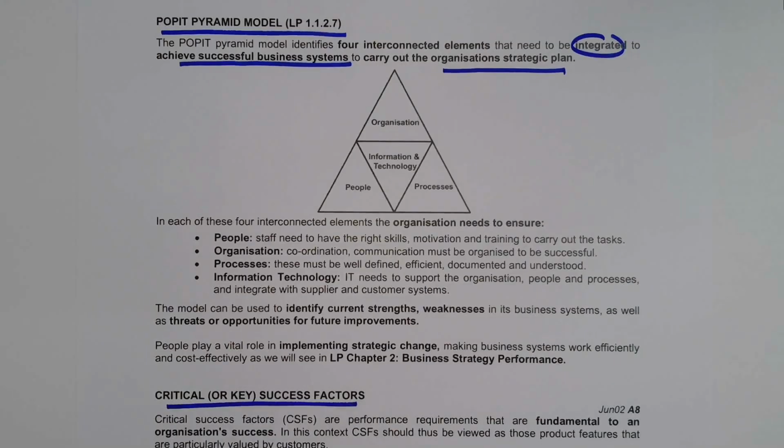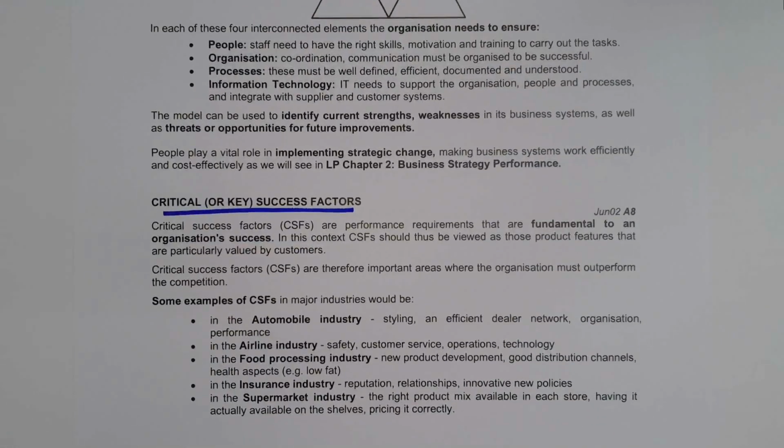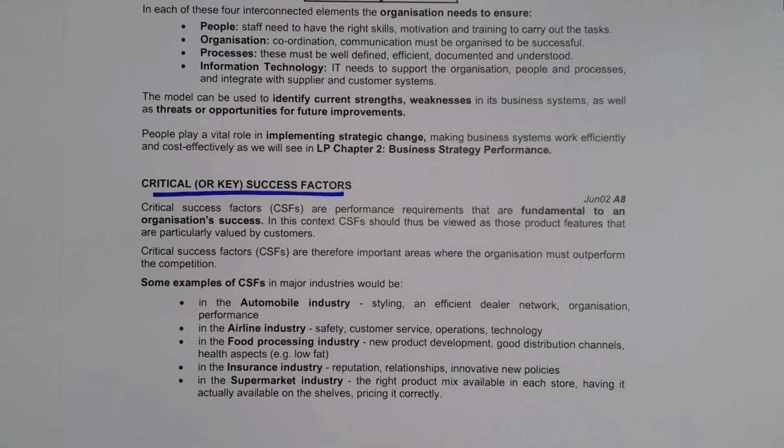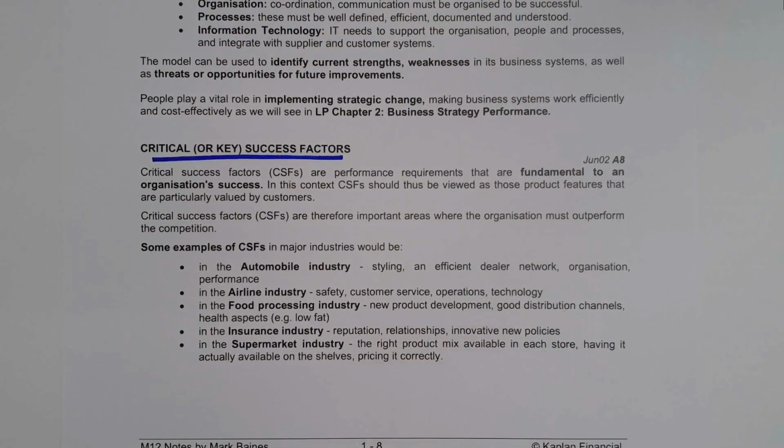Finally, we've got our key or critical success factors. Many years ago, we had a question on it. These are simply performance requirements that are fundamental to the organization's success. In the context of critical success factors, they can be viewed as product features that are valued by the customer. So I gave a little example earlier of an airline business.